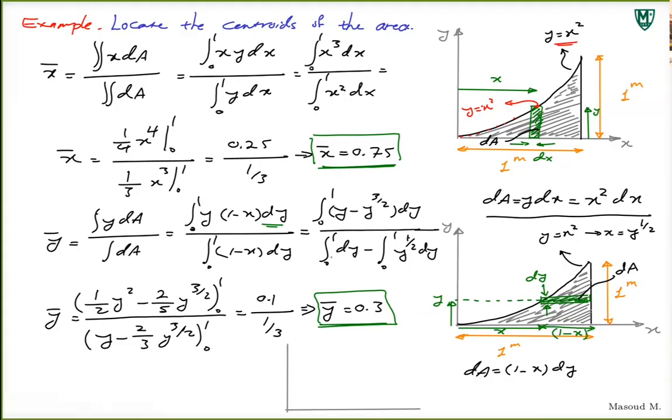The center of area would be at x bar, which was 0.75, so it's somewhere here, maybe. So the center of area is at x bar and y bar. That's where the center of area is.